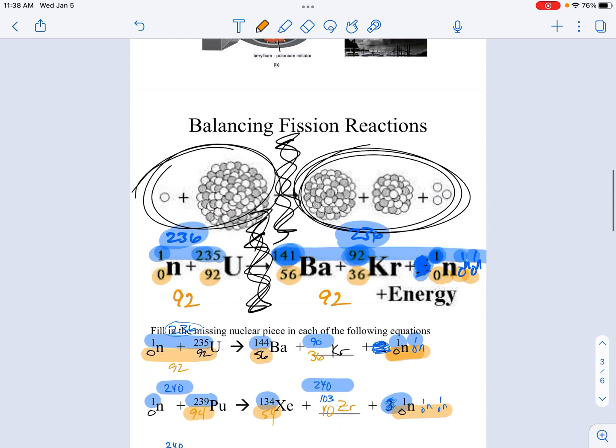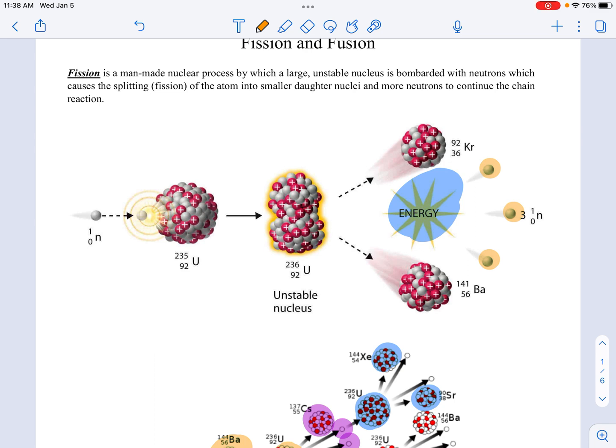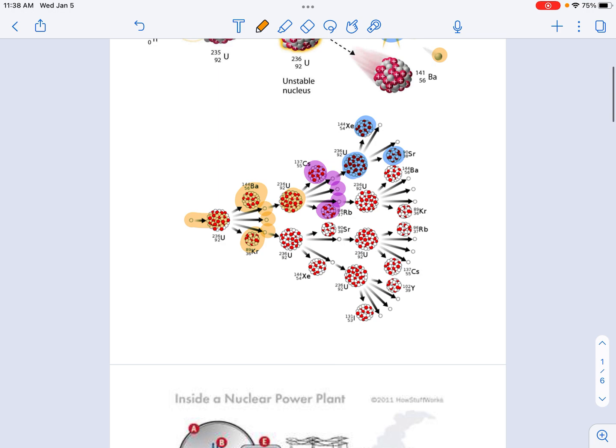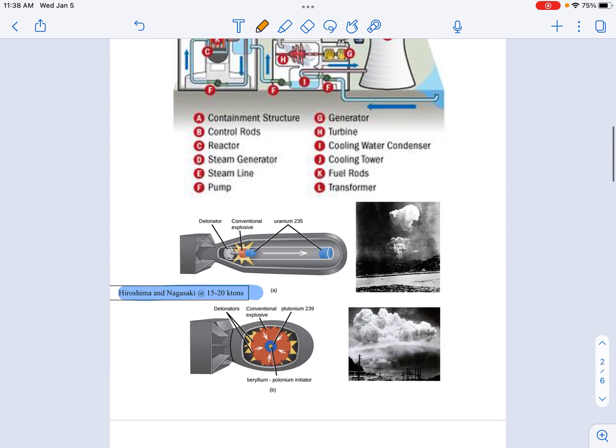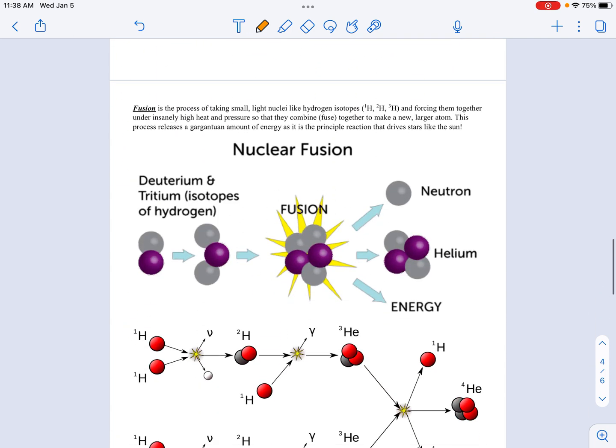So fission is the process of taking a large atom, using a neutron and smacking it into smaller daughter atoms and more neutrons to continue a chain reaction for a variety of different purposes. Fusion is the exact opposite of fission. In fission, we're taking something big and breaking it into something small. In fusion, we are taking a bunch of small things and smushing them together to make something big.